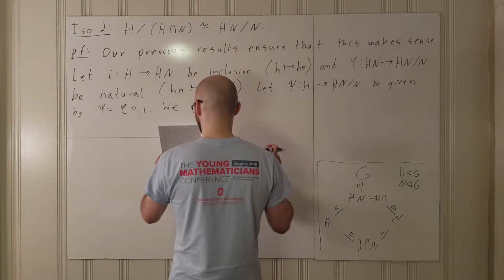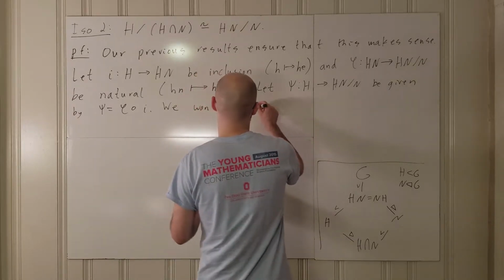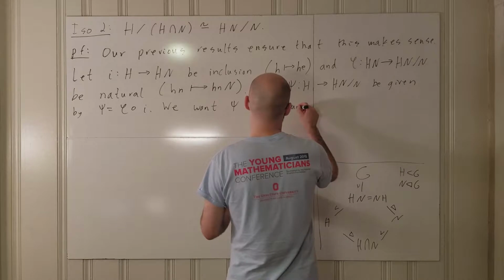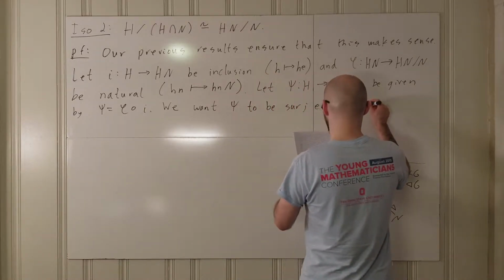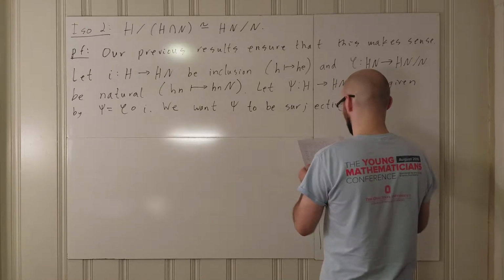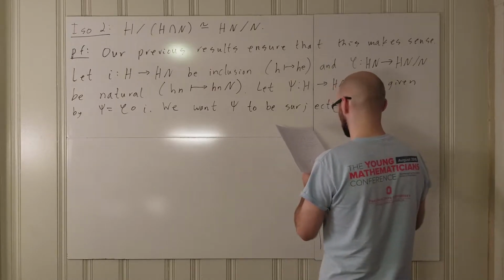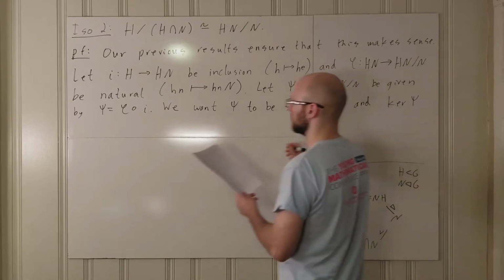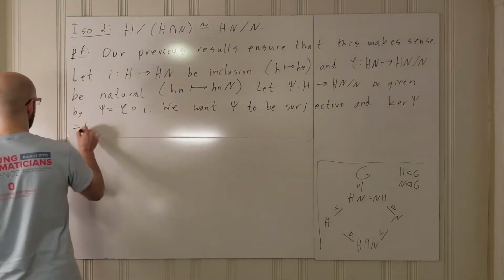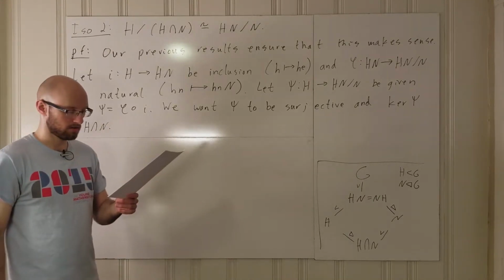What do we want? We want psi to be surjective, and we also want the kernel of psi to be equal to H intersect N. Okay?